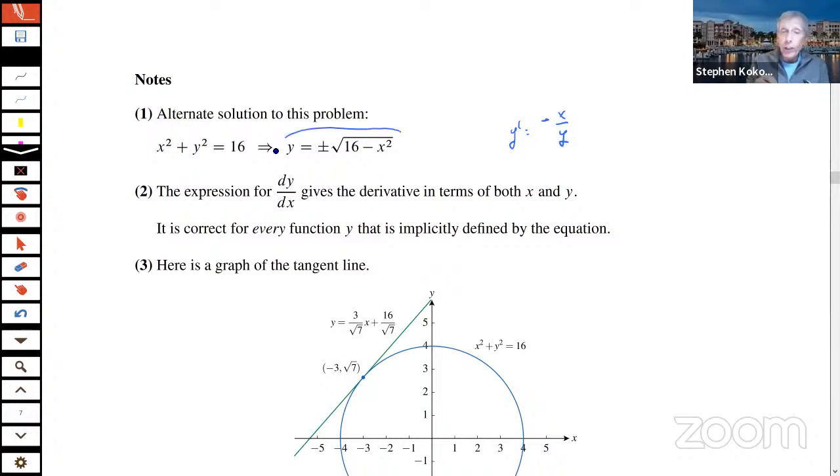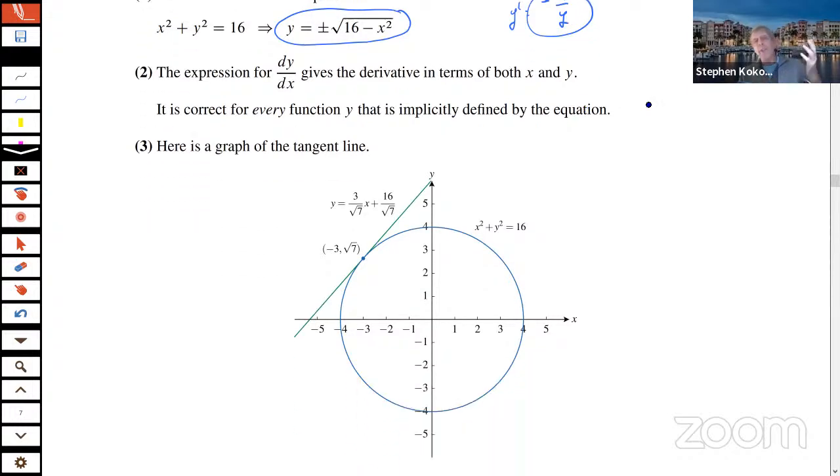What I would challenge you to do is to find the second derivative of y using that expression and see if you can reconcile this, see if you get the same answer as we did using implicit differentiation. So the expression for dy/dx gives the derivative in terms of both x and y in this case. And again, I want to remind you that this is correct for every function y that's defined implicitly. That's kind of cool, I think.